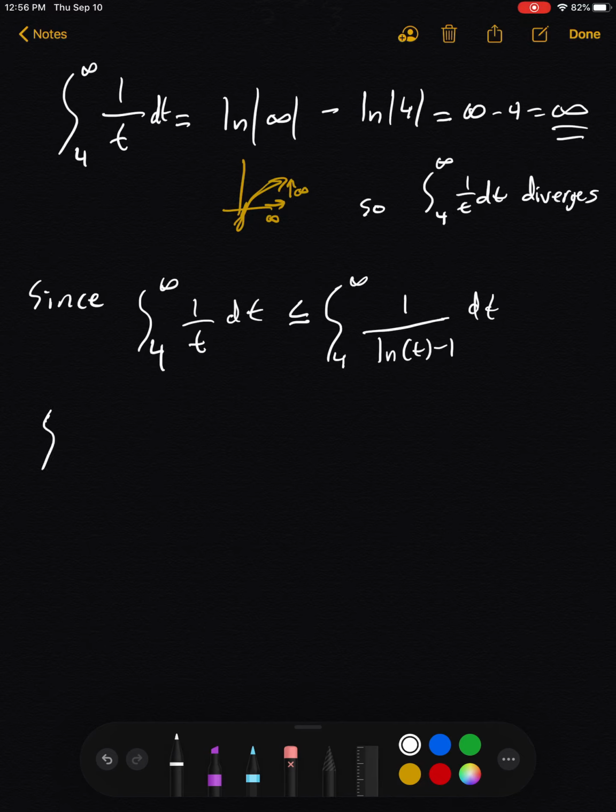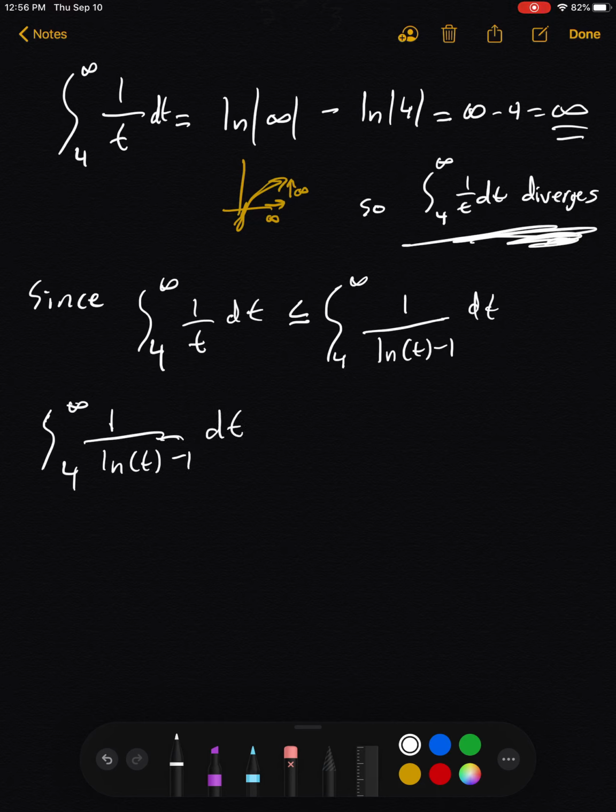The integral from 4 to infinity of 1 over t dt, right up here, diverges. Since this function I just underlined is less than or equal to our starting function, we can therefore say that the integral from 4 to infinity of 1 over the natural log of t minus 1 dt diverges.